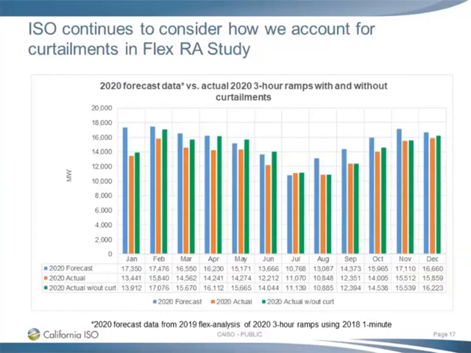But again, it's not really, really close, like if you look at January. But again, 2020 was abnormal with COVID, and when you factor curtailment back in, you can see it gets a little closer to your forecast.